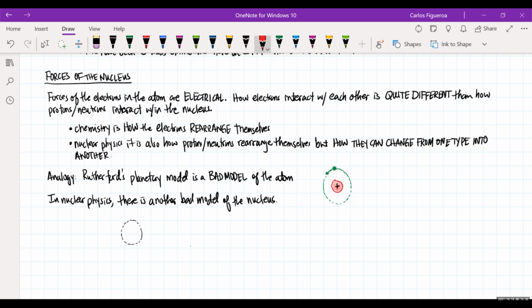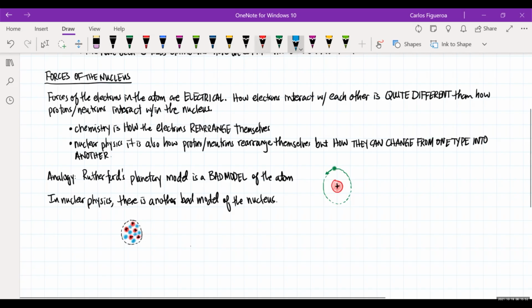So if you see a picture of a nucleus that looks like this, where these are the protons and these are the neutrons in here, right?